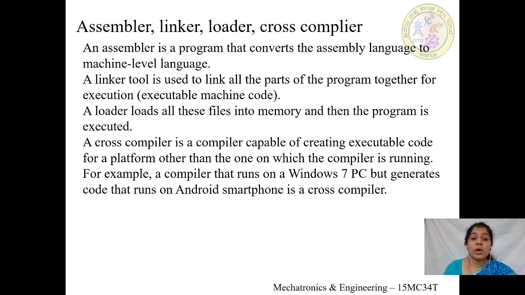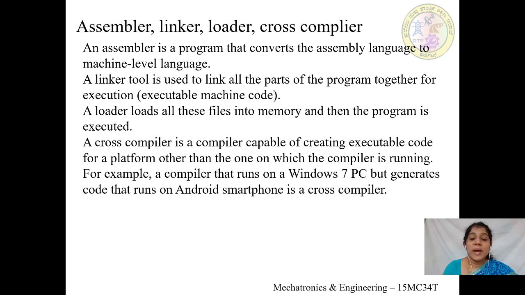Next, the loader. A loader loads all these files into memory and then the program is executed. Usually the hex file is given to the loader, which loads the files into the device for execution.